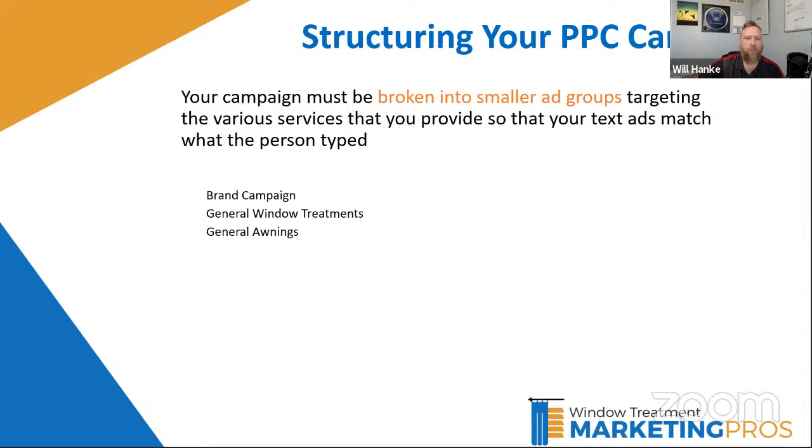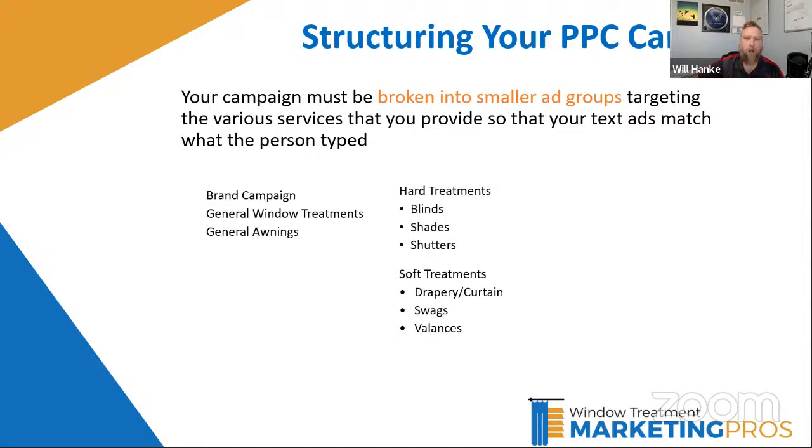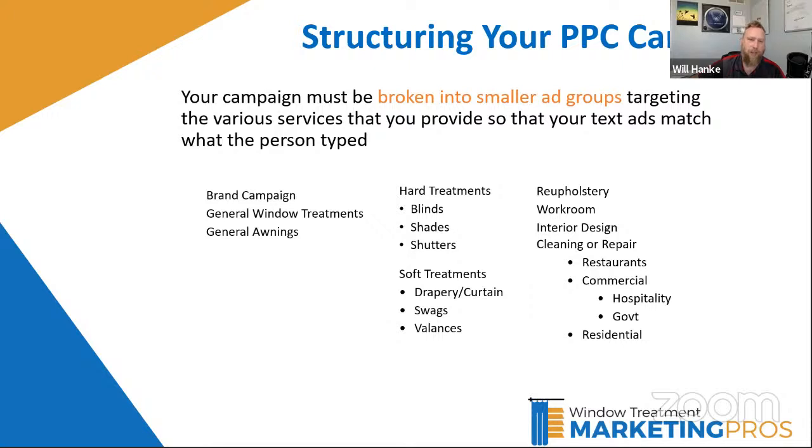And then, of course, general window treatment searches, awning searches, those kinds of things. Soft treatments when it comes to draperies, curtains, swags, valances, some of these different things. Hard treatments, blinds, shades, shutters, all of these different things should be broken into their own areas. And then additional reupholstery if somebody's looking for a workroom or interior design, cleaning, repair.